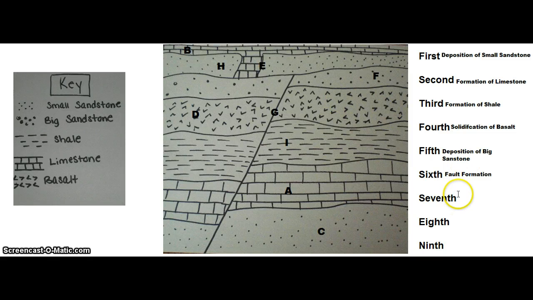So our 7th step is the deposition of small grain sandstone. Now B and E. In order for E to form, B must have formed first for the intrusion to happen. So our next step is B, which is the formation of limestone.